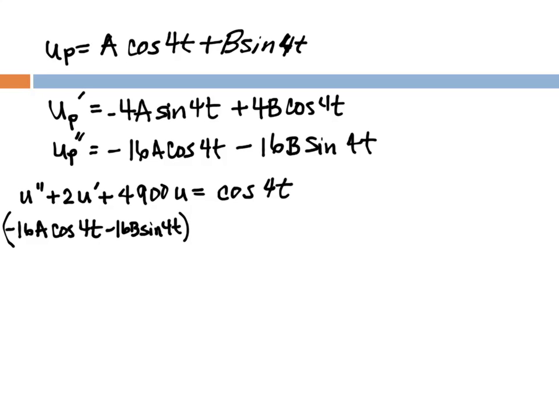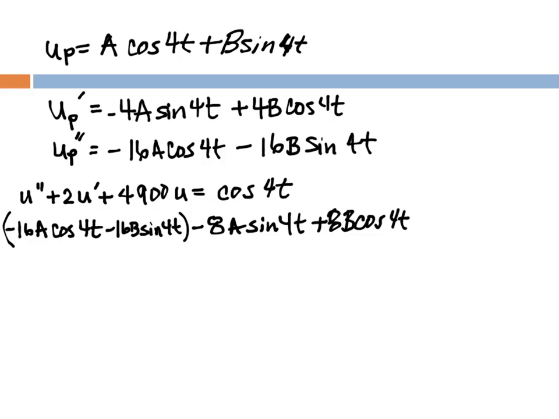I need this one plus 2 times the next one. Can I multiply by 2 as I go? Are you guys good with that? Okay, so this would be minus 8a sine 4t plus 8b cosine 4t.